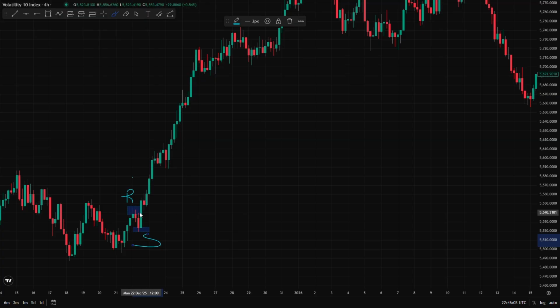We can also see here that after the market broke through this resistance, it got to this point, it came down from there, sitting on the previous, broken resistance, using it as a support to continue the upward movement. So this is also a resistance turning support. I hope you get me.